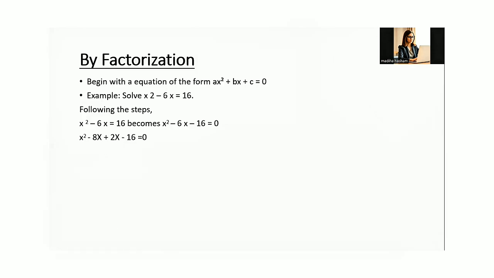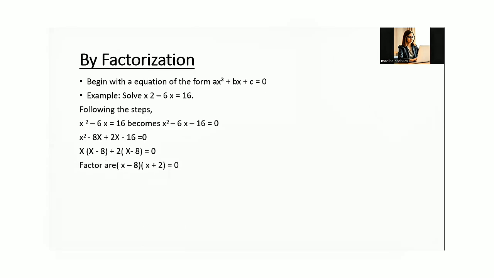So now we have four terms, and according to the procedure of solving with four terms, we have to take a common factor from each two terms. So in the first two terms, we take x common: x into x minus 8, plus 2 into, and we take 2 common from the last two terms, so it would be x into x minus 8 plus 2 into x minus 8 is equal to 0.